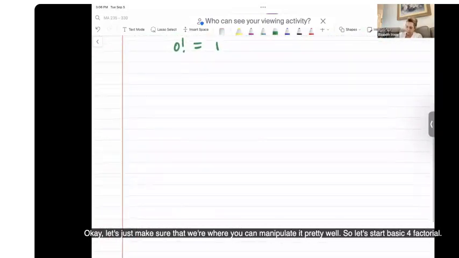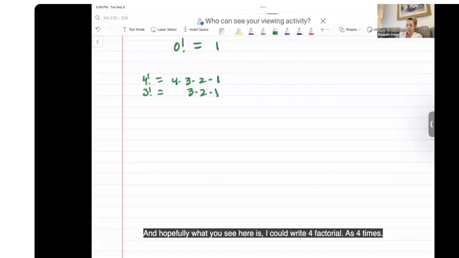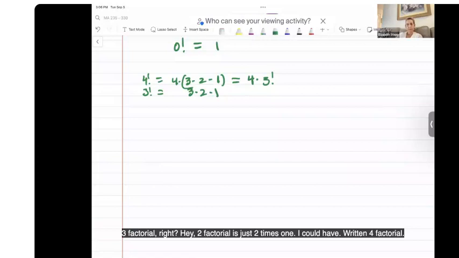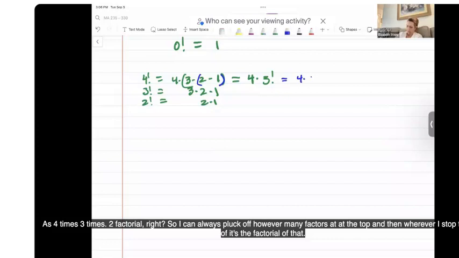Let's start basic. 4 factorial, that just means 4 times 3 times 2 times 1. Well, 3 factorial is 3 times 2 times 1. And hopefully what you see here is, I could write 4 factorial as 4 times 3 factorial. Hey, 2 factorial is just 2 times 1. I could have written 4 factorial as 4 times 3 times 2 factorial.